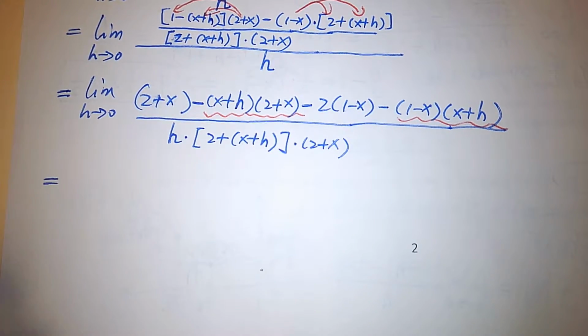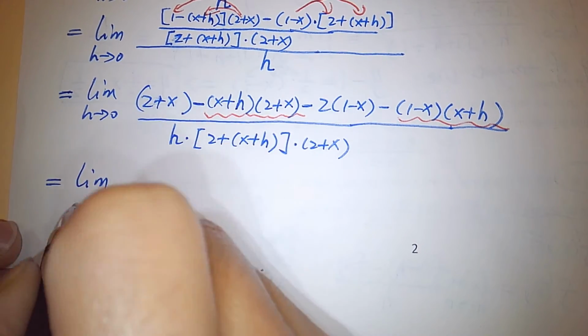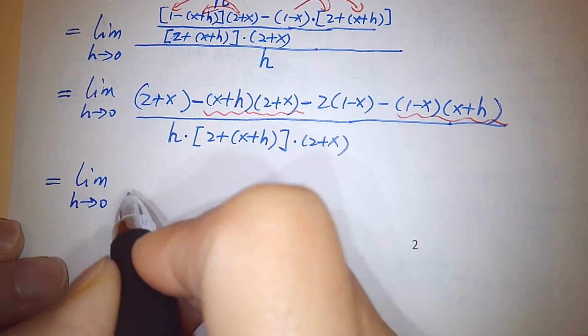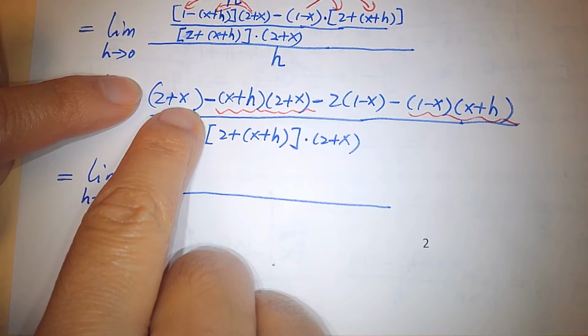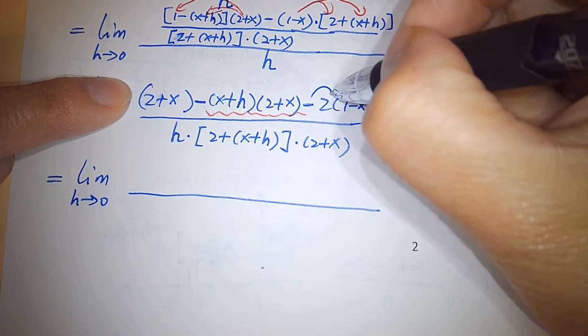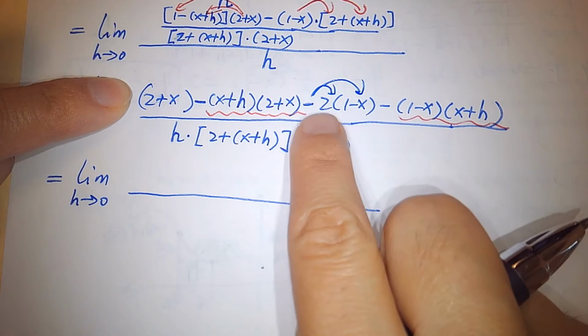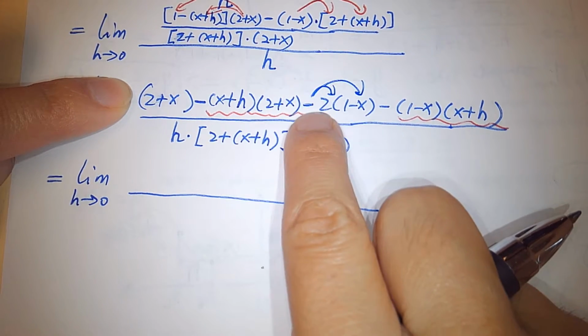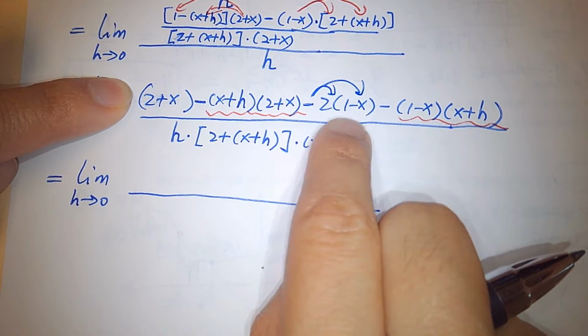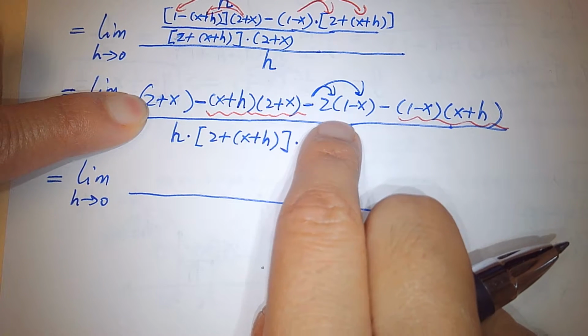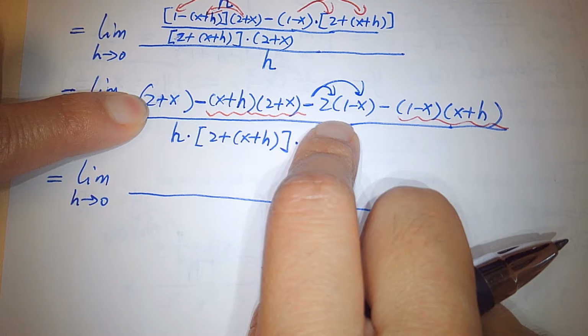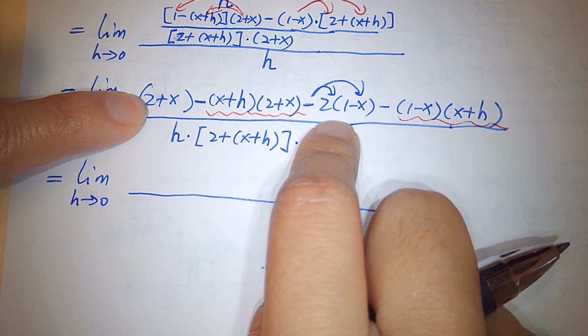So let's see. Limit h approaches to 0. Okay, let's see, 2 plus x minus 2 plus 2x. So for the constant part, we have a 2, we have a negative 2, so that's gone, right? Offset.